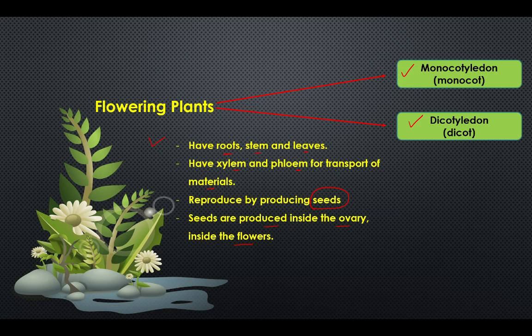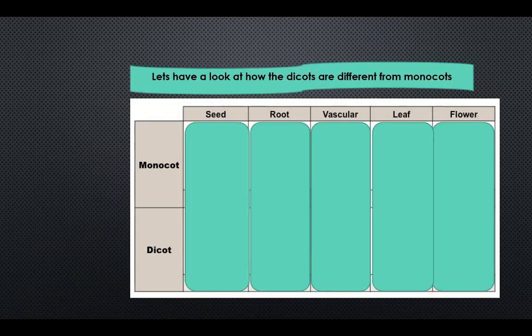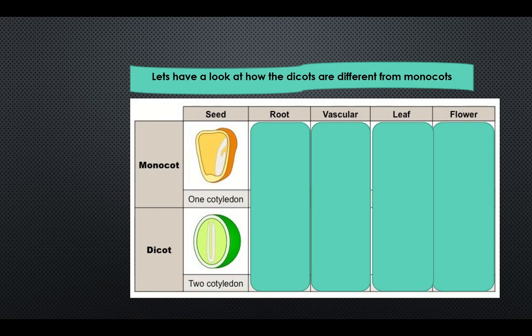So let's have a look at the characteristics of monocotyledons and dicotyledons. When you look at the monocot and dicot seed, the monocot seed has only one cotyledon, but in dicots, you can see that they have two cotyledons.